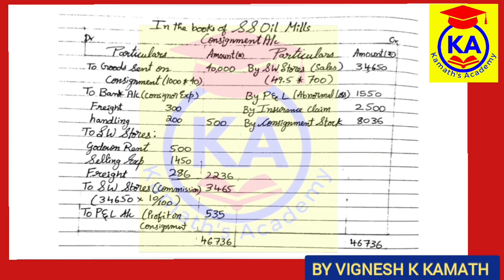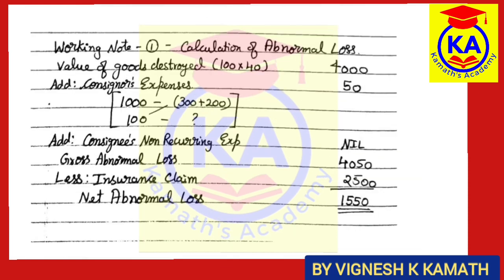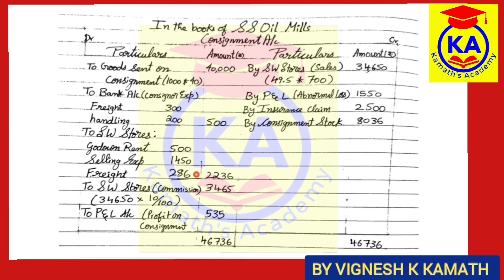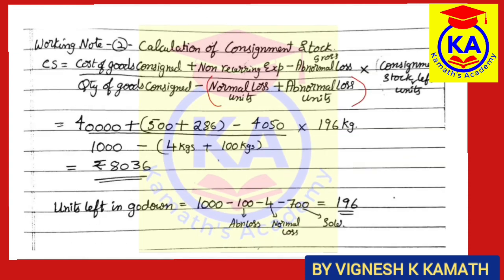No. Can selling expenses be? No. Can freight be a non-recurring expense? Yes, freight is a non-recurring expense. So you have to consider freight 286. See, 500 is the consignor's non-recurring expenses, and the consignee's non-recurring expense is the freight value 286.